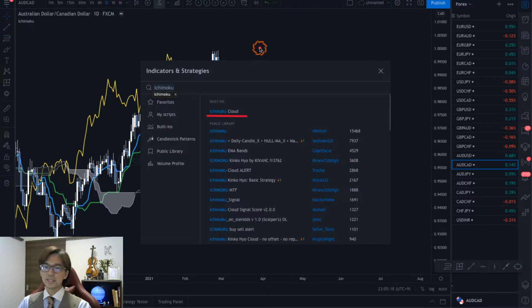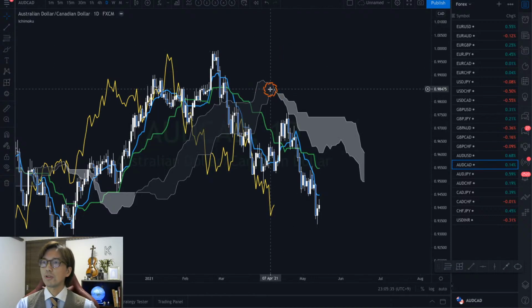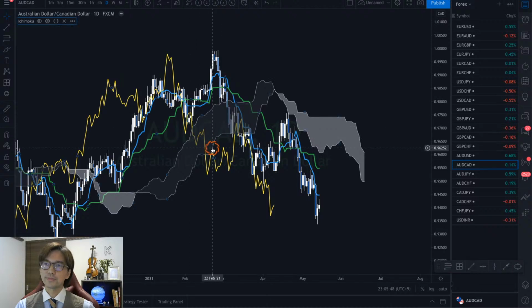I think TradingView is one of the rare platforms that has the correct displacement and correct calculation for Ichimoku. So that's what I'm using right now. I color the bullish Kumo dark gray, the bearish Kumo light gray, Kijun-sen green, Tenkan-sen blue, and Chikou span yellow.